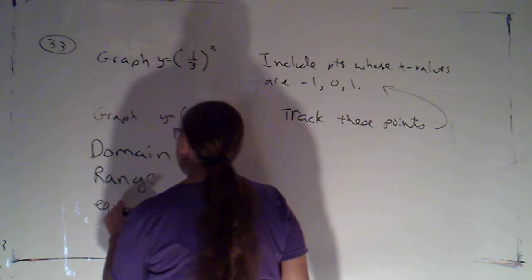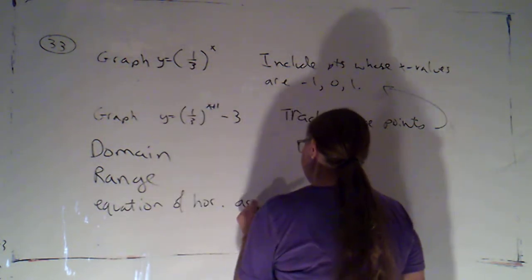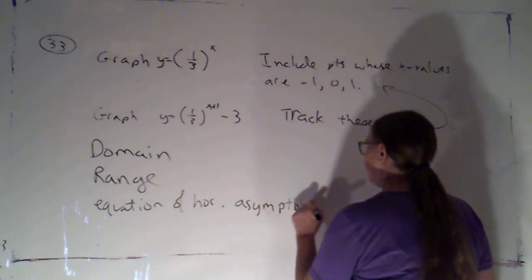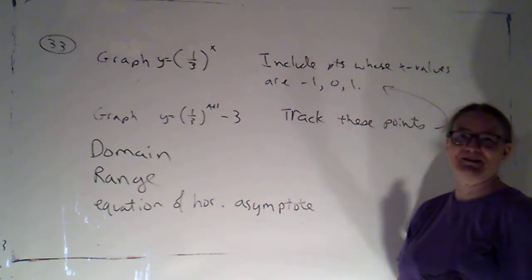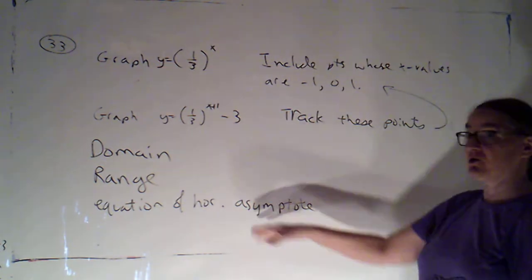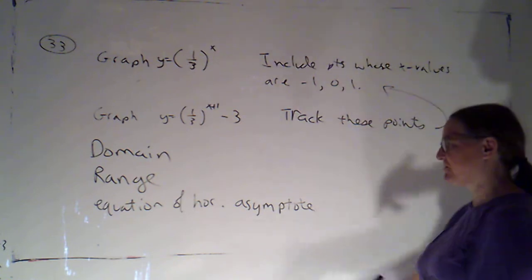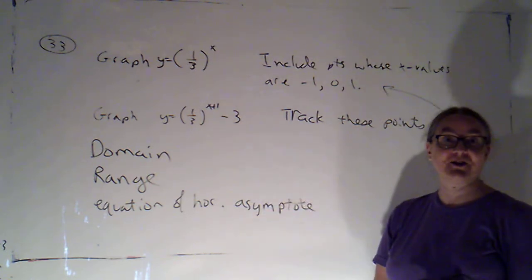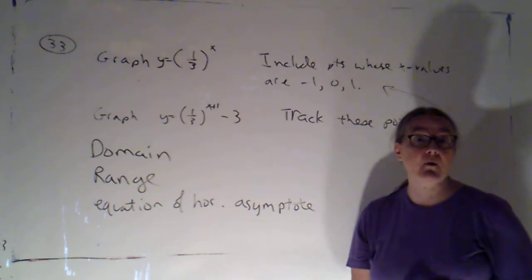Give me the equation of the horizontal asymptote. So as you're doing the transformation, you're tracking these 3 points and the asymptote, and then the book's just asking to explicitly state where that asymptote ended up. So you'll show it in your graph, and then you'll also write the equation. All right, so give that a shot, and then we'll start the next video going over that together.